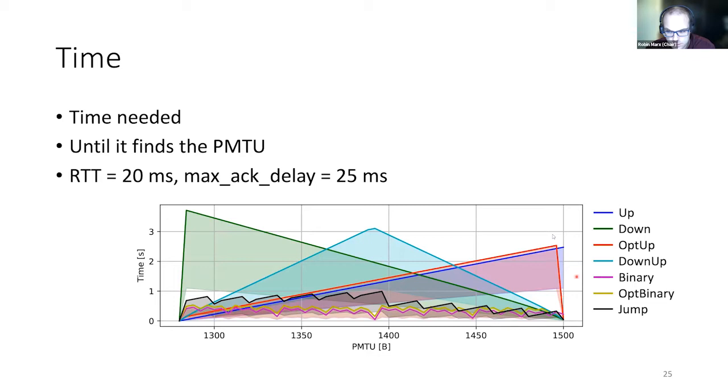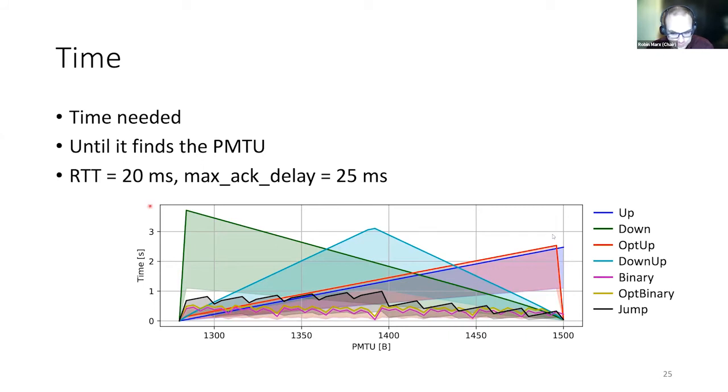For example, if we don't send any other ack-eliciting packets, we expect the receiver to delay the ack by the max ack delay. And if we send other ack-eliciting packets, our probe packet could trigger an immediate ack. So our acknowledge time is as low as 1 RTT.